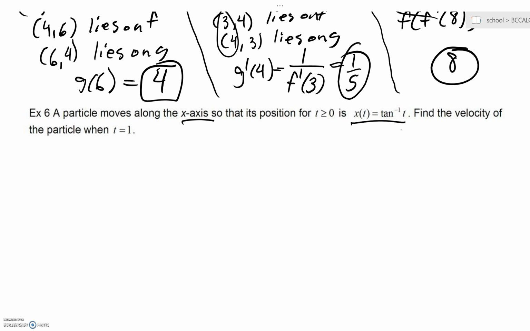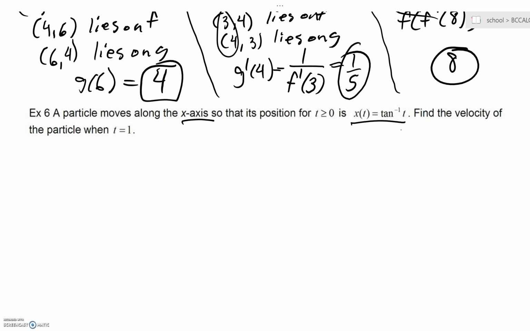Now, what's so scary is normally you'd say, to find the velocity of a position function, I must take the derivative. And you don't know how to take the derivative of inverse tangent just yet. In a week you will. Well, maybe a little after because of Thanksgiving, right? But in the very near future, you'll know how to do that.